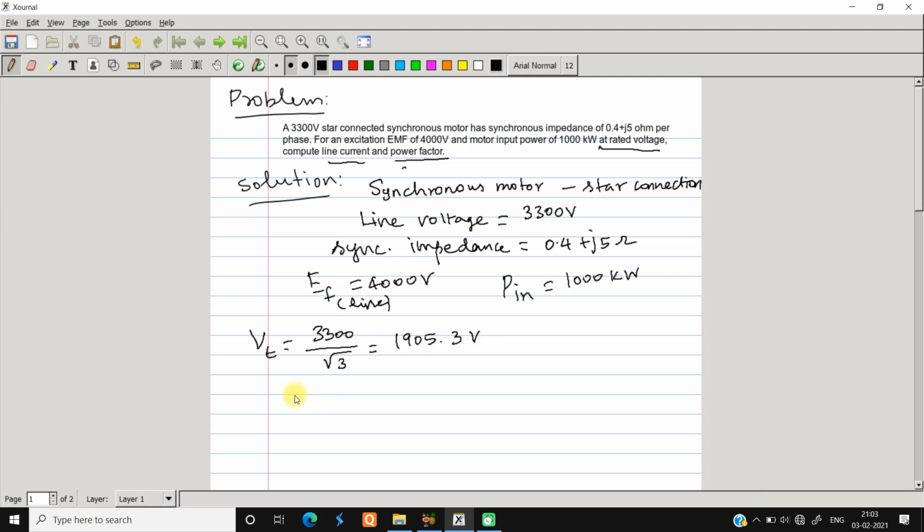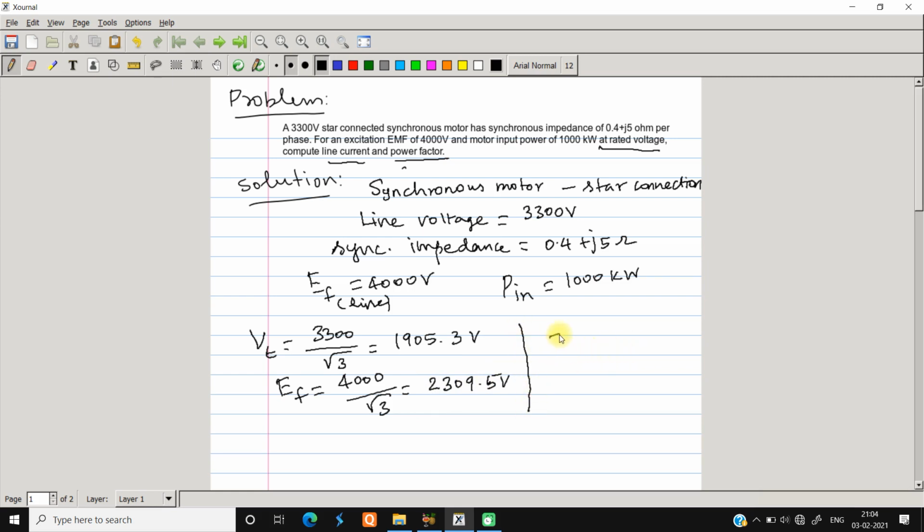And the EF value, the excitation EMF, which is also given as 4000 volts, also has to be converted into per phase value. So the per phase value will be 2309.5 volts.